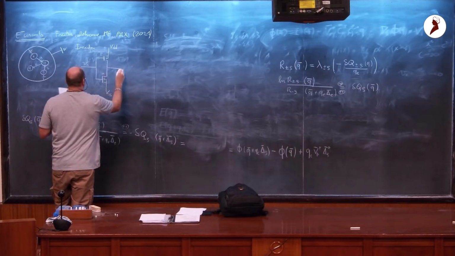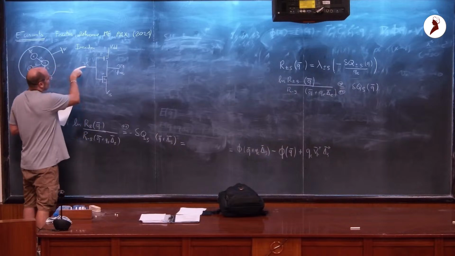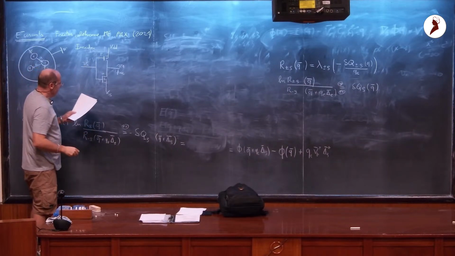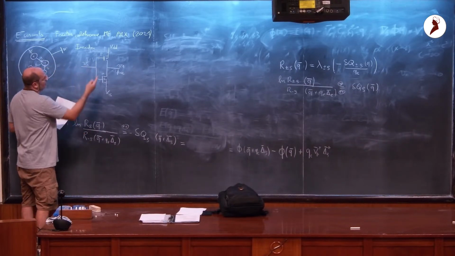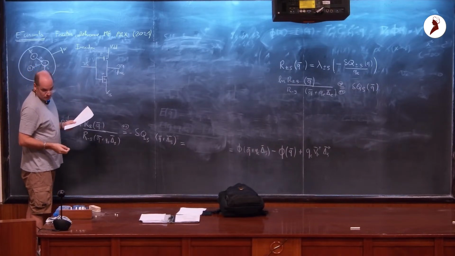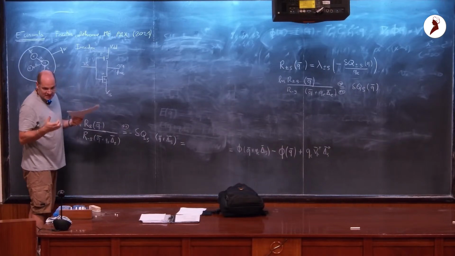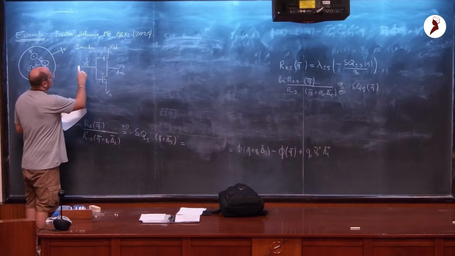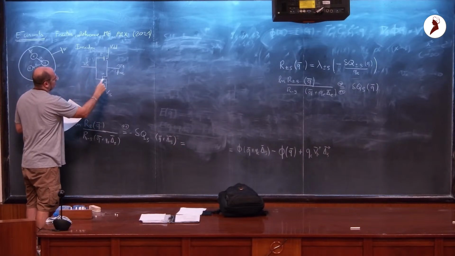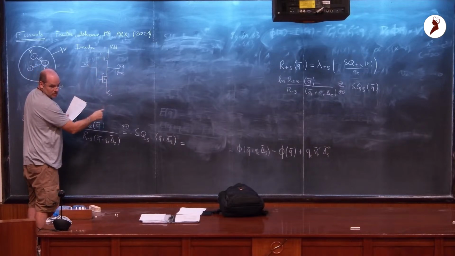And here you have V1. So this is my free conductor. And this is my input. So in this picture, how many conductors do I have? Think of it as pieces of metal. I have this piece of metal, this piece of metal, this one, and this one.